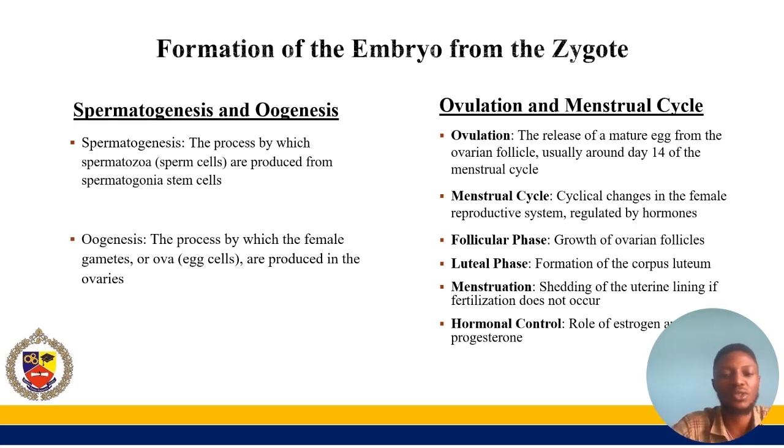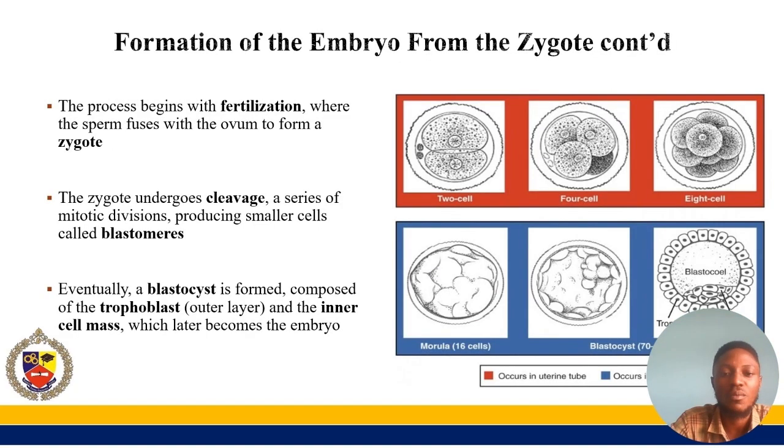Let's look at the formation of the embryo from the zygote. If we are looking at embryology, let's look from the pedigree, which is the origin of how all this started. This is a diagram of how the egg cells and the sperm cells undergo division. For any growth to occur, there has to be mitosis and meiosis cell division, right? The process begins with fertilization.